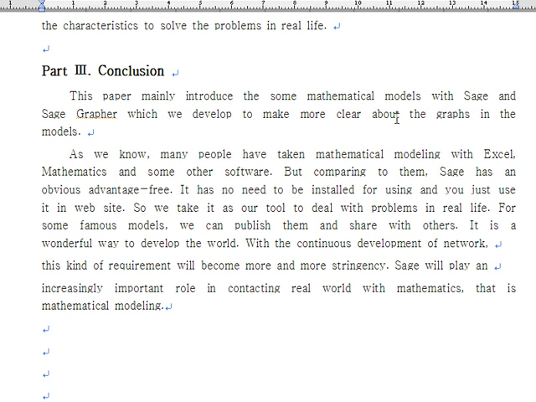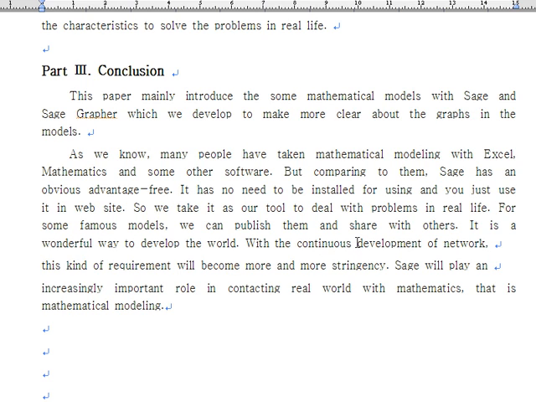Compared to them, Sage has the advantage of being free and needing no installation; you just use it on the website. So we can use it as a tool to deal with problems in life. For some famous models, we can publish them and share them with others, which is another advantage of Sage.